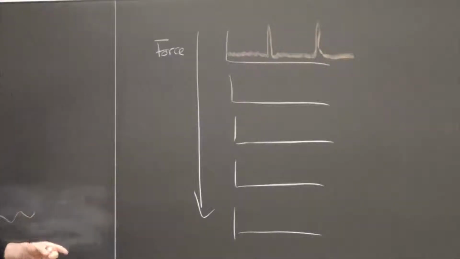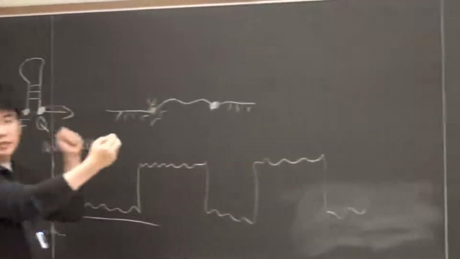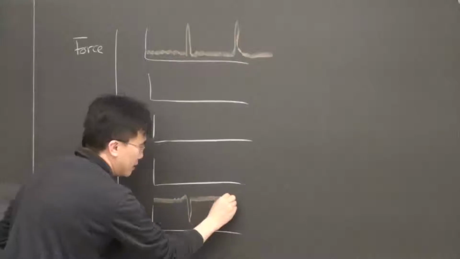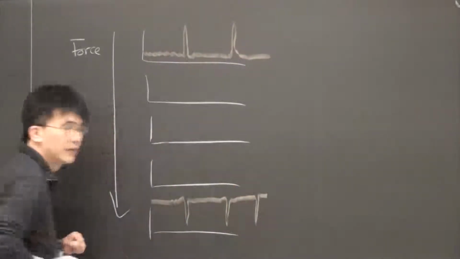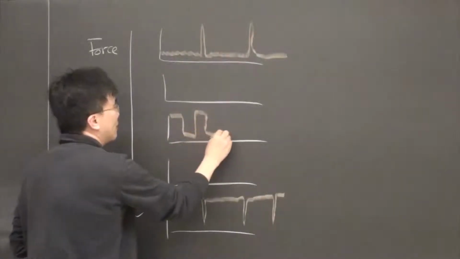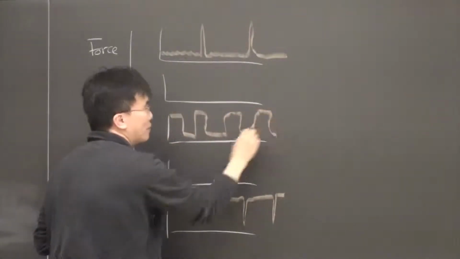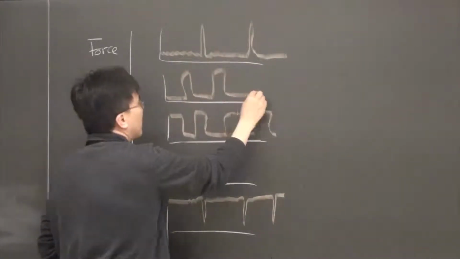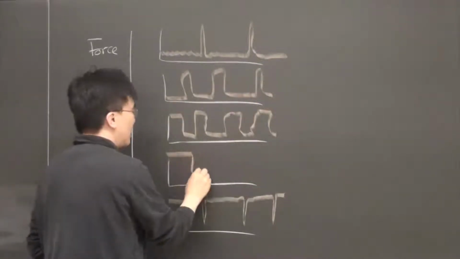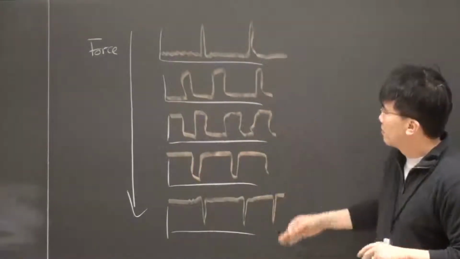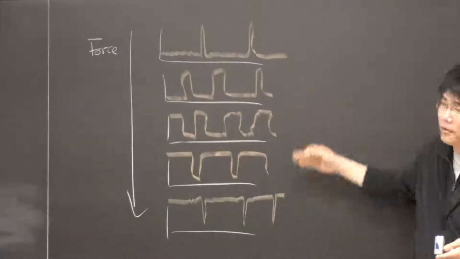And if you go to very high force, then you are almost always spending your time in this open state. Your signal will be like this, and somewhere in the middle you'll see about half and half between the two states, and here it'll look more like this, and you get the idea. Okay?